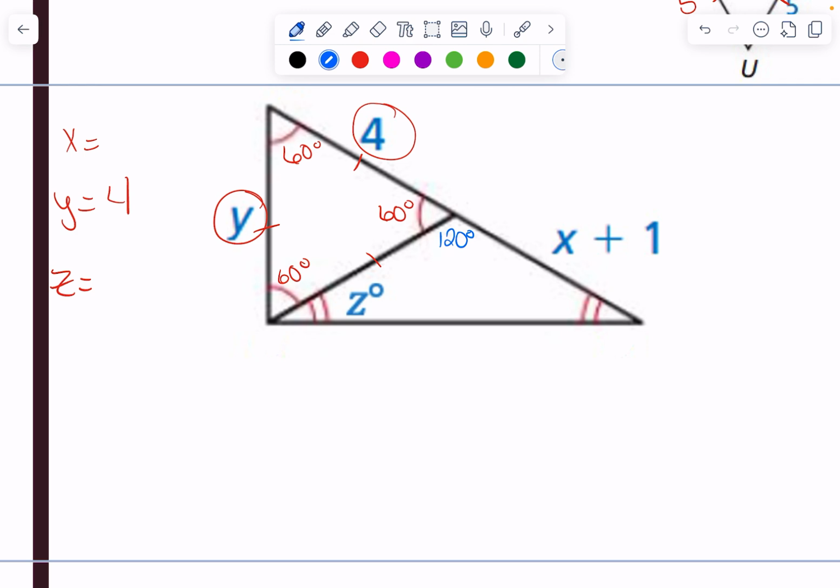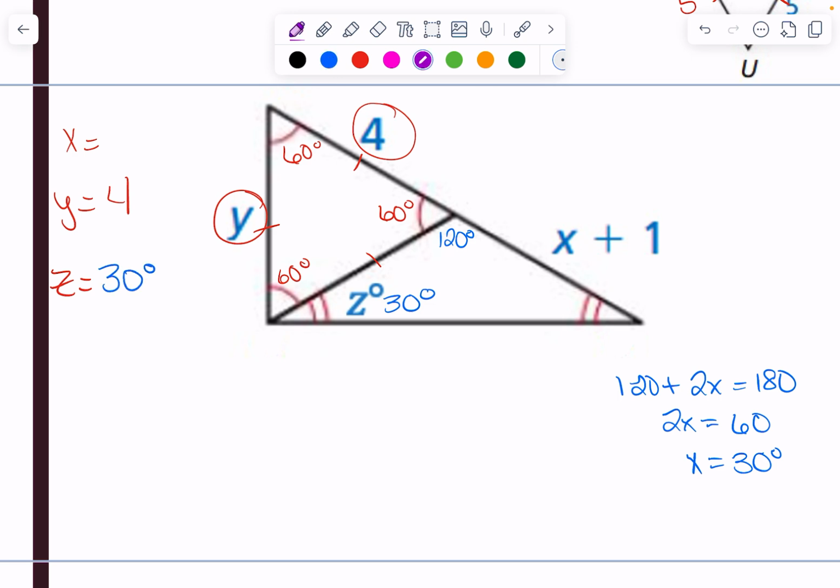Now, since those two angles are equal, 120 plus the 2x has to equal 180. So 2x is equal to 60, which means x has to be 30 degrees. So that means z here has to be 30 degrees.